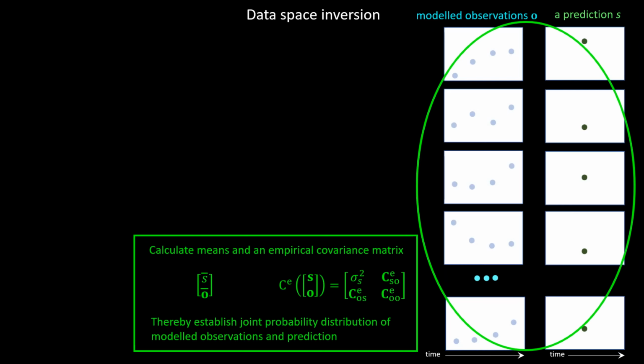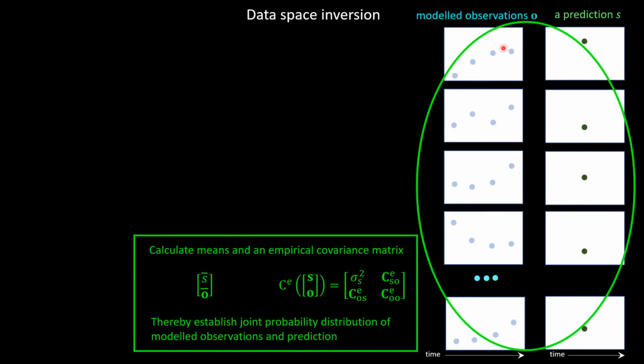And then, and this is the important bit, the hard bit, but it's really the easy bit, now I'm going to construct a covariance matrix that links the past to the future using model outputs of both.